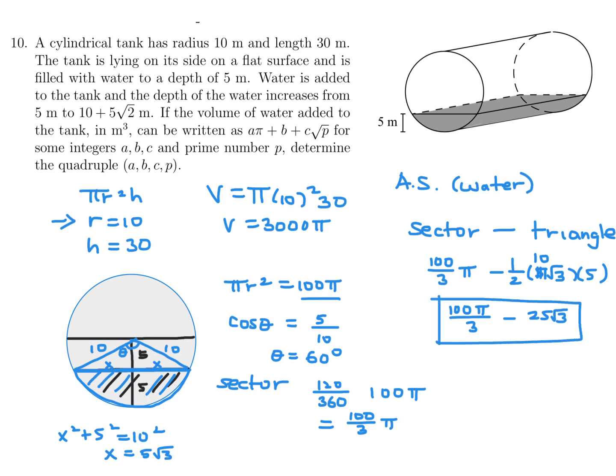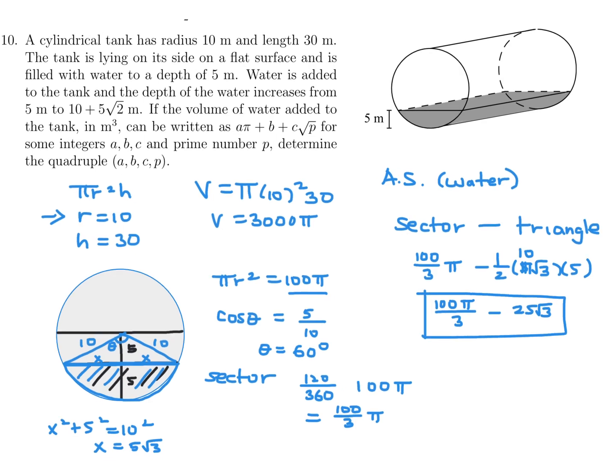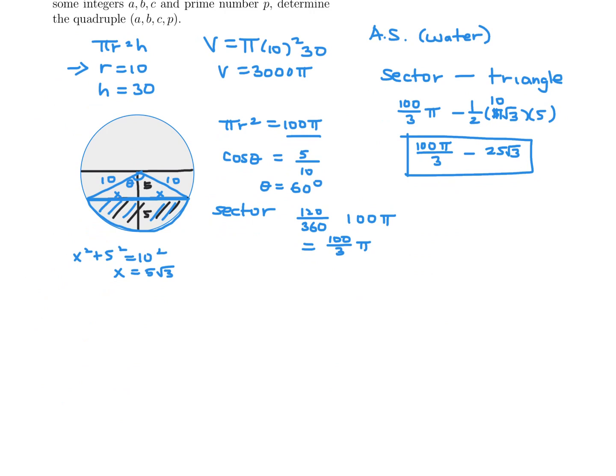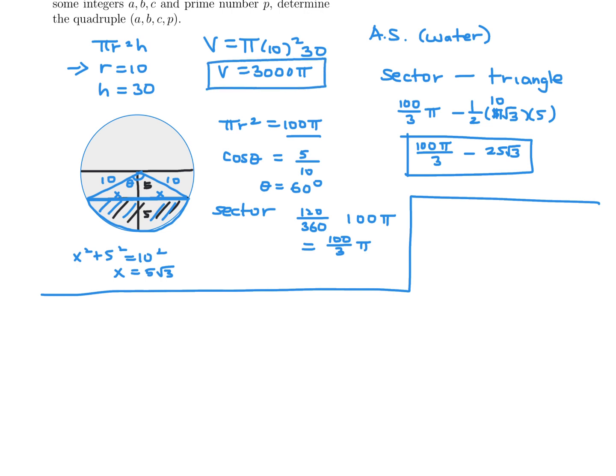Okay. So that's the first very important piece of the puzzle. Moving right along, that's pretty good. So let's move to the next part. The next part is we have to take that area and then figure out what is the volume. This is just the area. So first we compare the volume of water over the total volume, which is 3,000 pi, and we compare that to the areas, and the ratio would be the same.